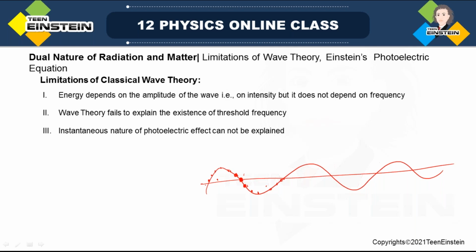If you have electrons all over, each individual electron will acquire an individual amount of energy.